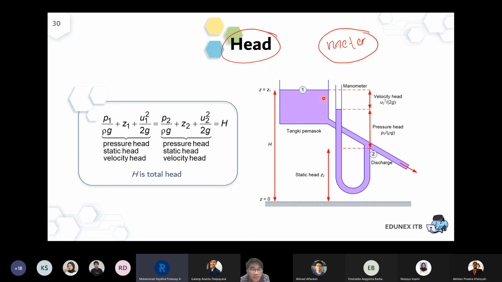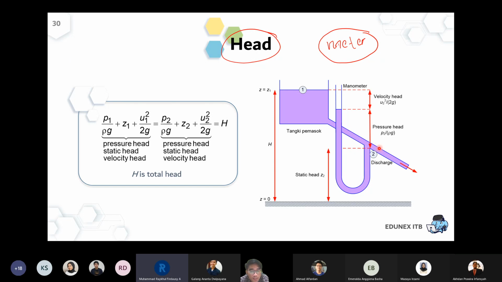Ya, ini asumsi sih ya. Jadi asumsi tangkinya itu besar sekali, sehingga walaupun ada pipa di sini, kemudian airnya mengalir melalui pipa, tinggi titik 1 itu konstan. Tidak turun tingginya. Asumsi ya, asumsi. Kalau kondisi nyata ya lama-lama pasti turun.